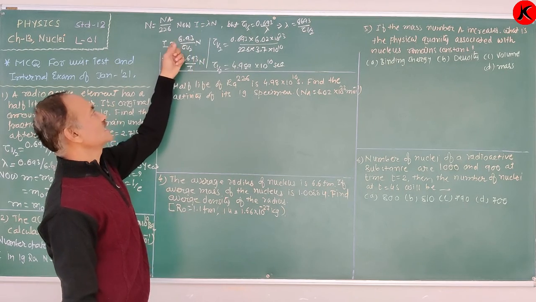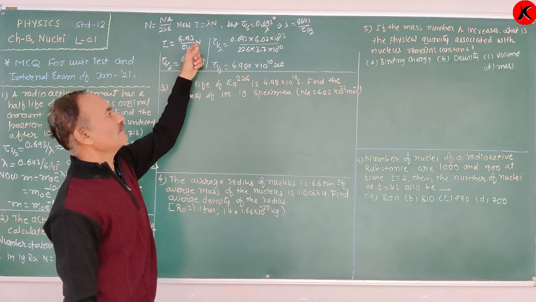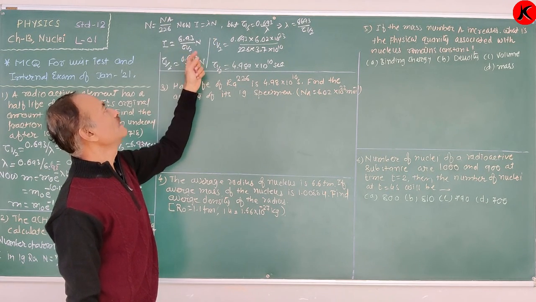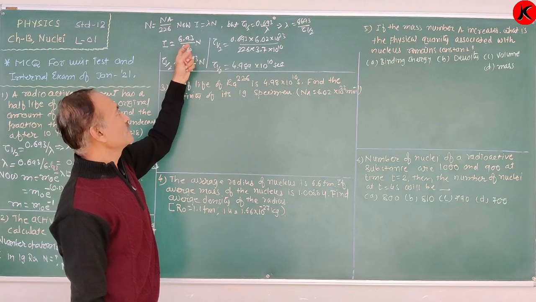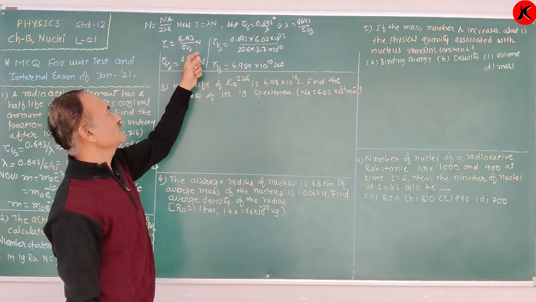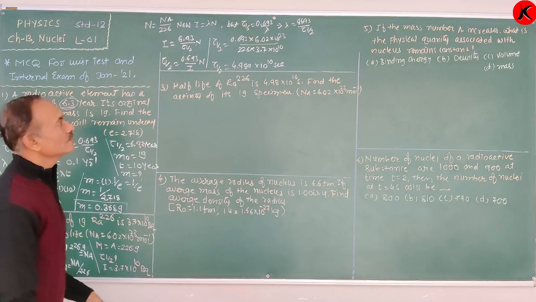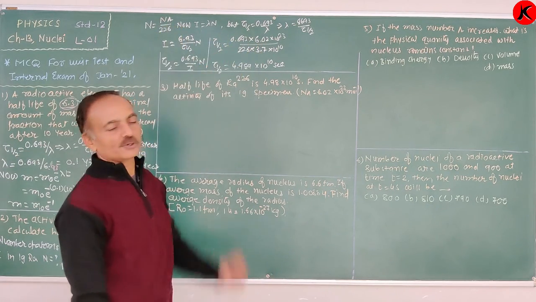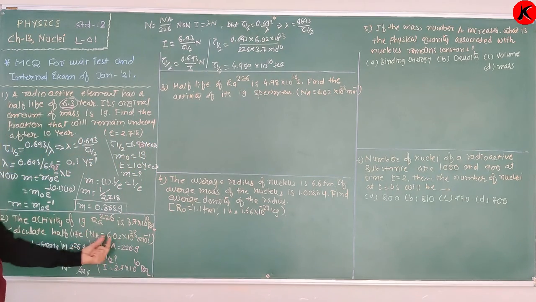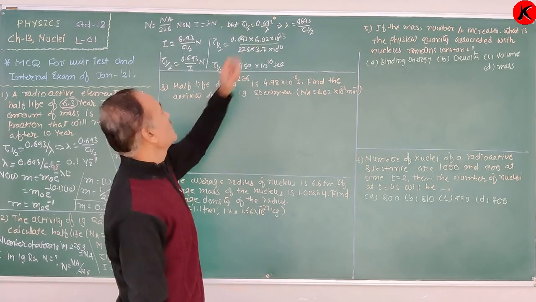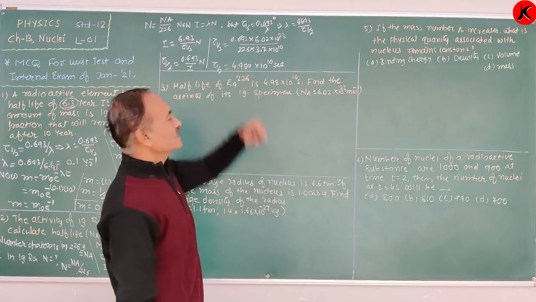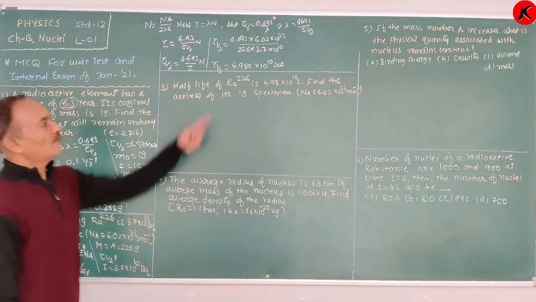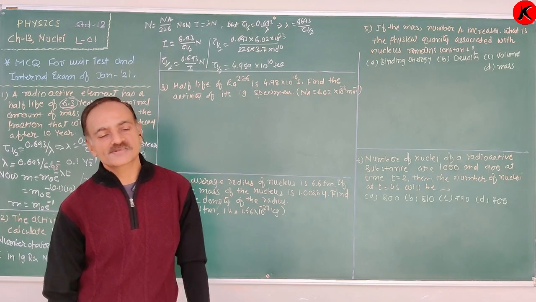Substitute here: I is equal to 0.693 upon tau half into N. Now we substitute the value of N. Therefore, tau half is equal to 0.693 N upon I. Substituting the values, 0.693 into N, where N is 6.02 into 10 to the 23, already given, upon 226. Now activity I is 3.7 into 10 to the 10. So we obtain the tau half as 4.989 into 10 to the 10 second.